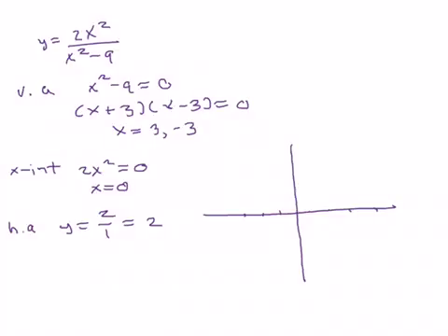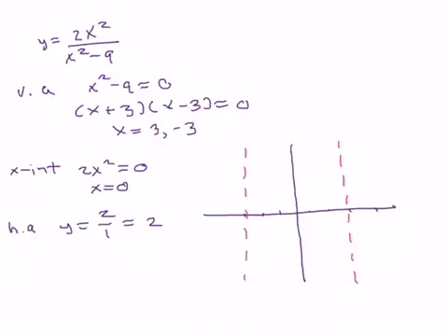So first thing I have is, let's see if I can do this in a different color. Let's put on our vertical asymptotes. So I've got a vertical asymptote at positive 3 and negative 3. So I've got a vertical asymptote here and here.